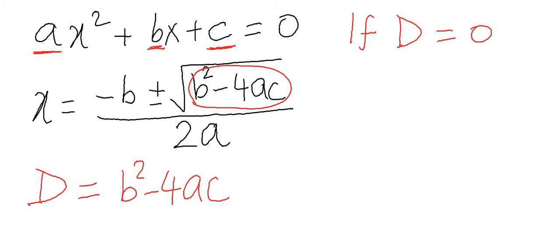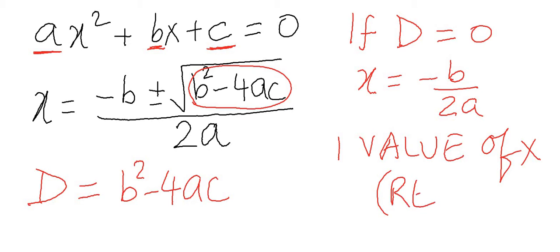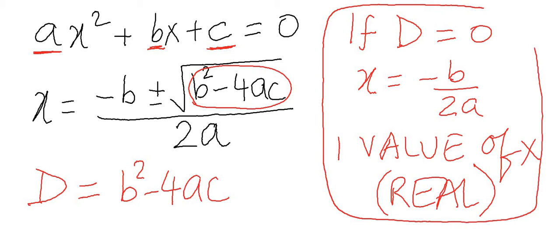So then you are left with x equals minus b over 2a, right? So you only have one value of x, one value of x which is real, right? So if D equals 0, you have only one value of x.